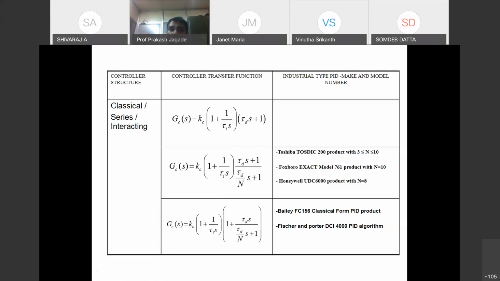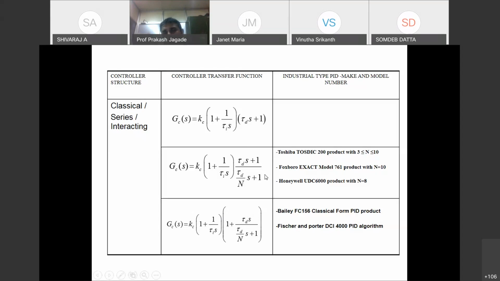That is, the ideal series PID controller transfer function, which is not physically realizable, has been converted into a realizable transfer function. This can again be converted into an algorithm, and Bailey as well as Fisher have used it in their industrial type PID controllers.